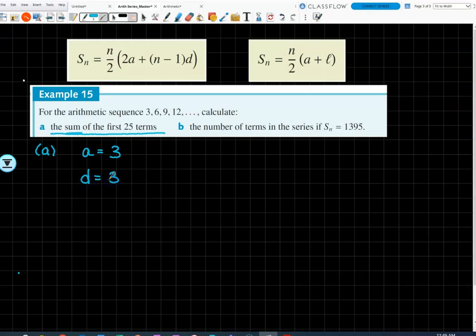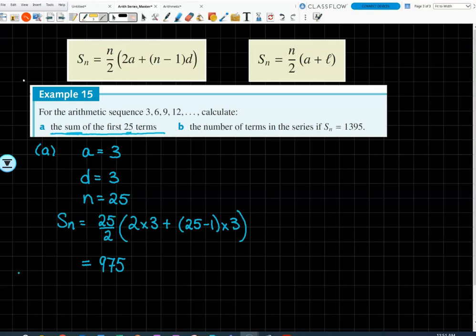Beautiful. And the sum of the first 25 terms. I've got N is 25. So that is clear cut. We're just going with formula numero uno. Let's have a look at part B. Calculate the number of terms. So again, what am I trying to calculate here?